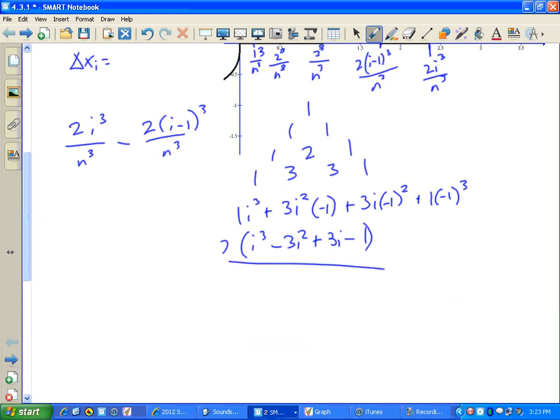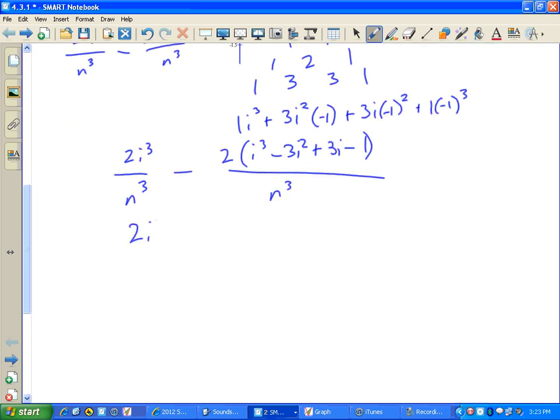So let's just fill in what I have so far. Now I'm going to distribute the minus and the 2. Since I have a common denominator, I can put them all over just n cubed.